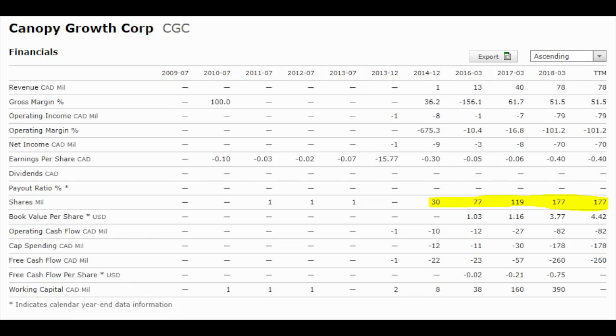The shares outstanding in 2014 were 30 million, then 77 million in 2016, then 119 million, now we are at 177 million. So if someone invested in 2014 expecting $1 earnings per share in 2018, that dollar would now be only 0.2 because of dilution and the huge number of shares that were added.